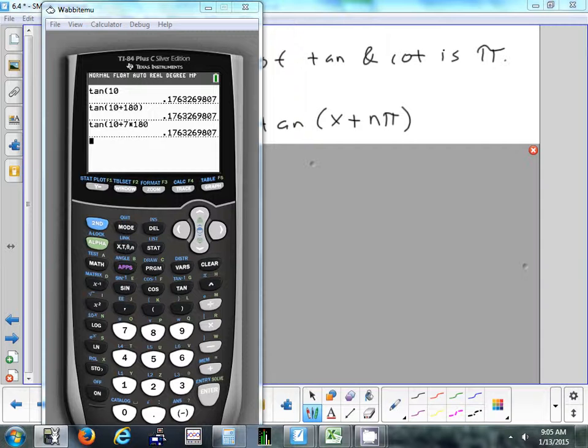It comes out the same. So if you take the tangent of an angle, or any angle plus an integer multiple of 180, you're always going to get the same answer. We could even do negative. You're still going to get the same thing.